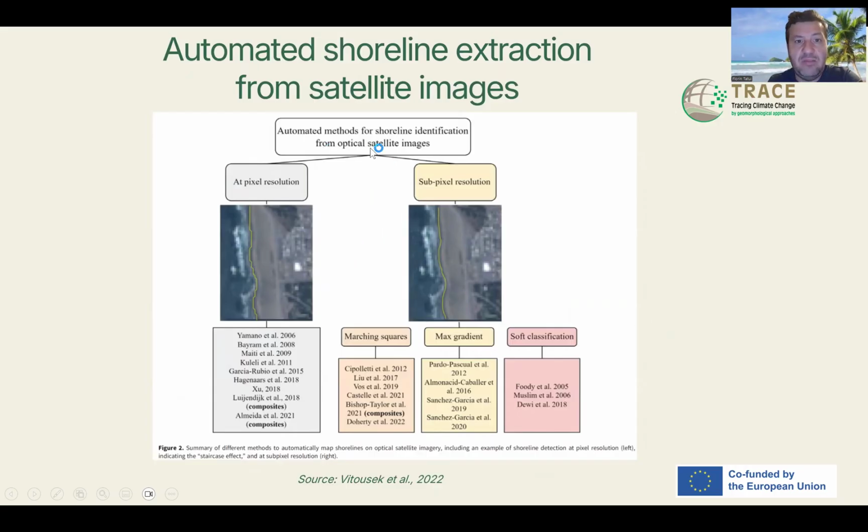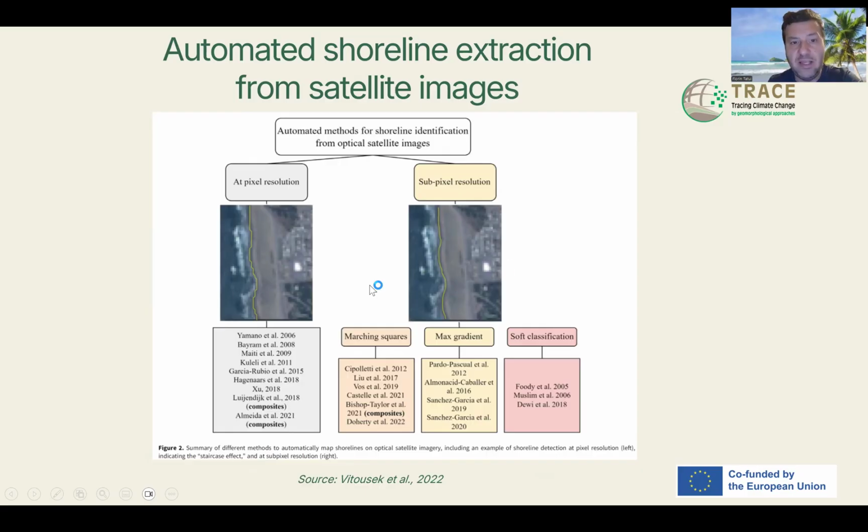Related to the automated methods for shoreline identification from optical satellite images, we can go at pixel resolution. So, for instance, if we have a pixel of 30 meters, we can track the shoreline with this pixel resolution, or we can employ some machine learning and other tools in order to improve the quality of that image.